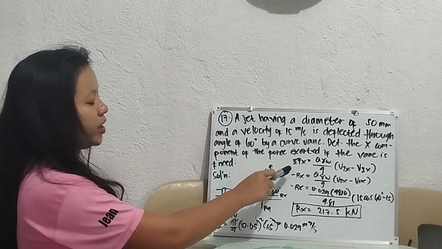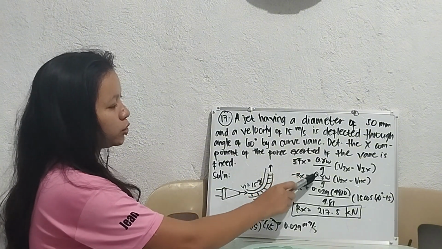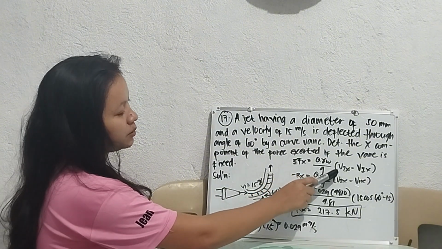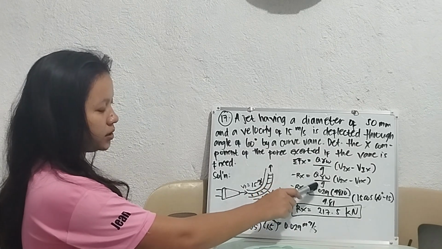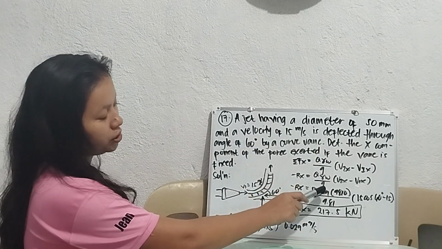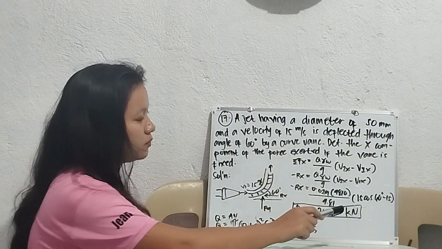And then the next is the summation of Fx equals Q times the unit weight of water over gravity times V2x minus V1x. So negative Rx equals Q times the unit weight of water over gravity, times V2x minus V1x.